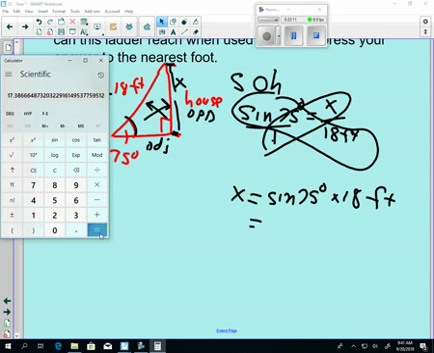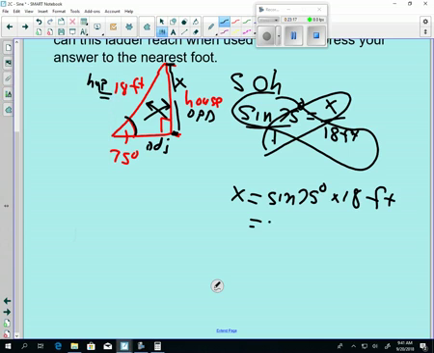And I got 17.38666, and a whole bunch of numbers after. Since this is a whole number already, 18, I'm going to round that off. Since this is 3, I can leave it at 17 feet.